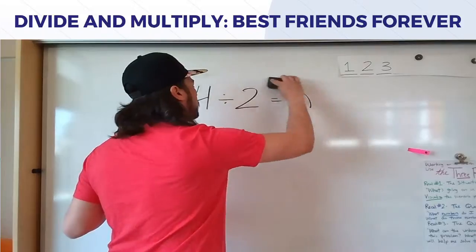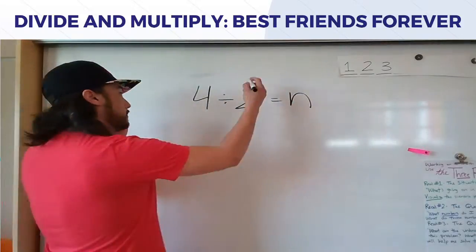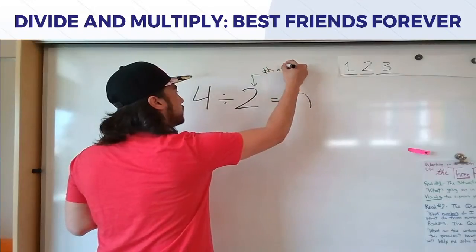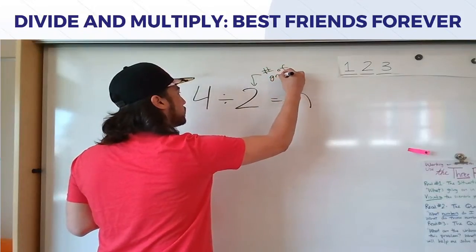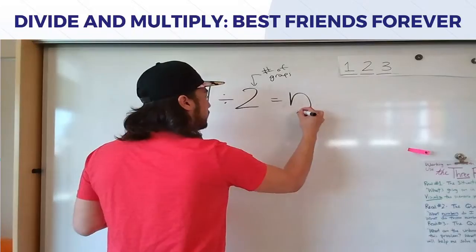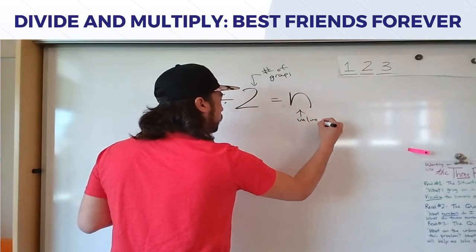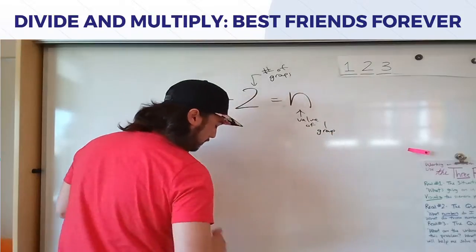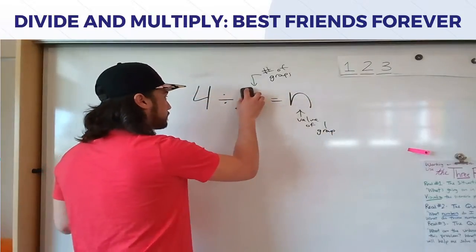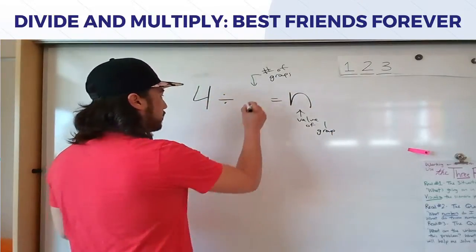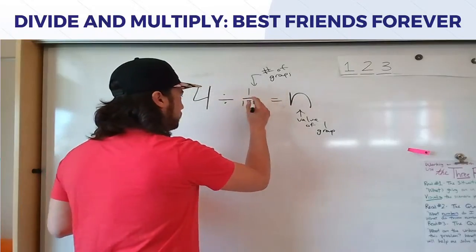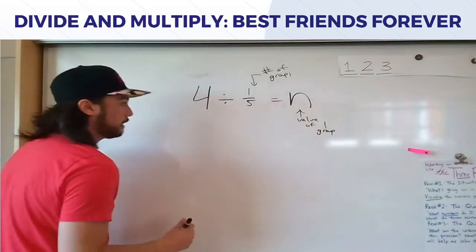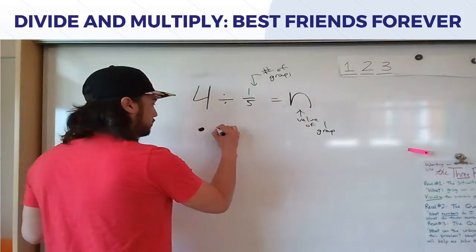So if we've got 4, thinking about this as the number of groups, and then thinking about this as the value of one group, okay? If we have something like 4 divided by 1/5, not 1/15, 1/5, we've got our 4 again.